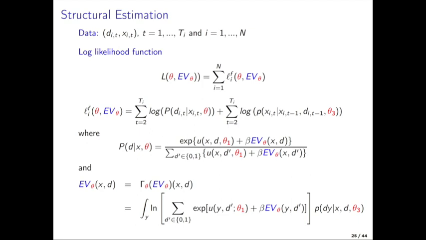It may be a little bit complicated to calculate derivatives because the expected value function is an implicit function of the parameters. So you need to use the implicit function theorem and calculate the Fréchet derivative of the Bellman operator and whatnot. It's not super crazy complicated. It can be done, and this is something I'm going to talk about in the next lecture, where we compare the nested fixed point algorithm with mathematical programming with equilibrium constraints, or MPEC.